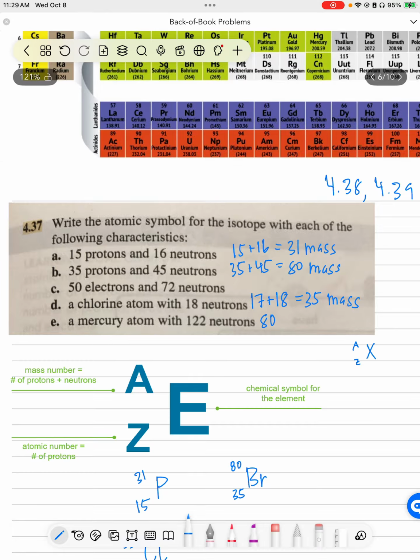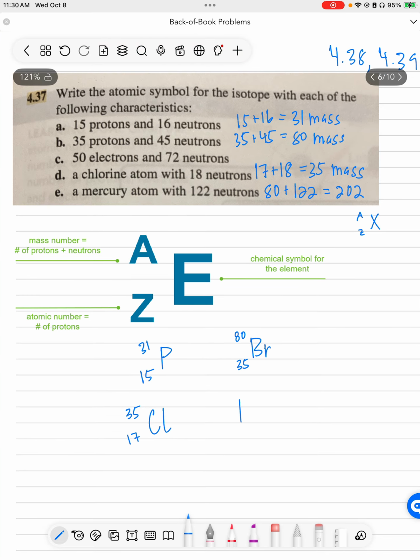So 80 protons plus 122 neutrons gives us, well, I always doubt my own math in my head, 202 is our mass. So we're going to go down here and write Hg, which is our symbol for mercury. We're going to write our mass in the upper left-hand corner. And we're going to write our atomic number, or number of protons, in the bottom left corner. And that's how you write isotopes.